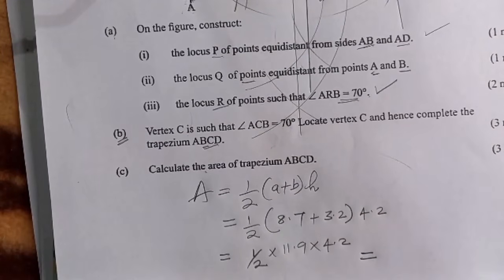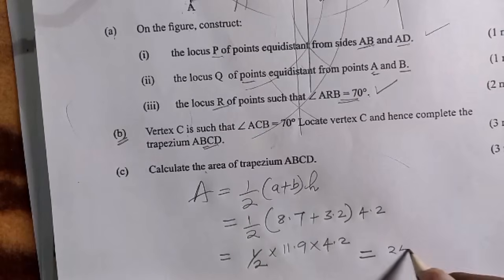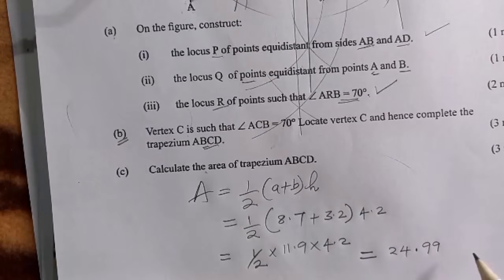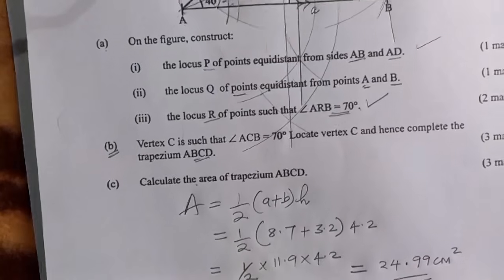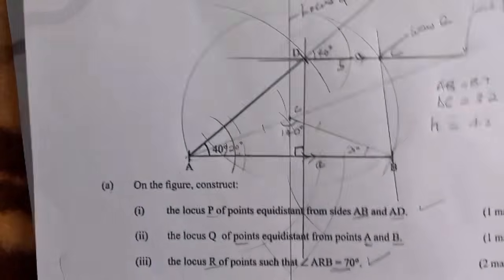When you work this out, just take 11.9 times 4.2, then divide by 2. This will give 24.99 centimeters squared. So that is how you're supposed to solve that question.